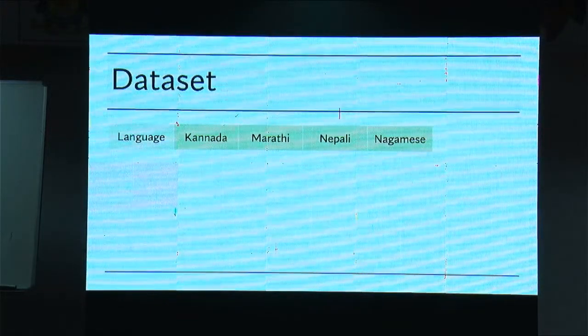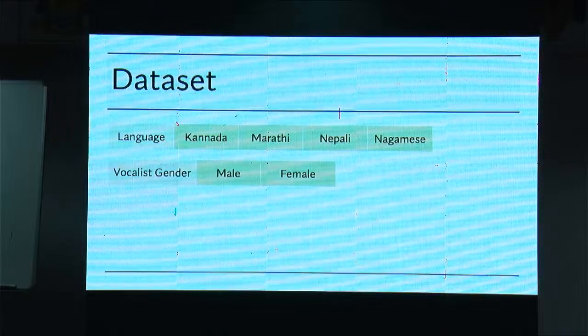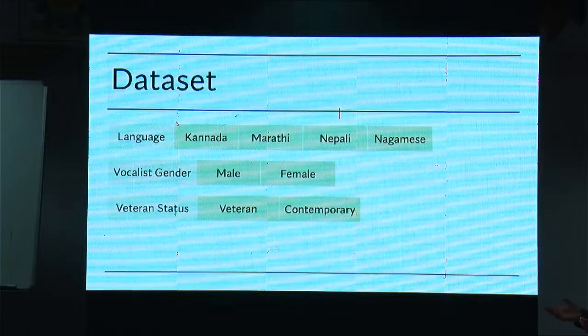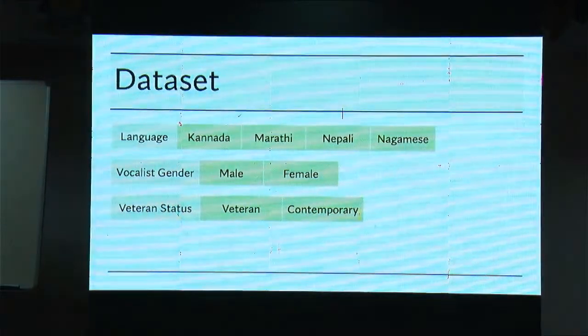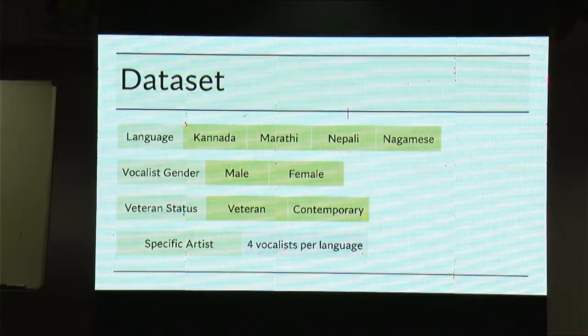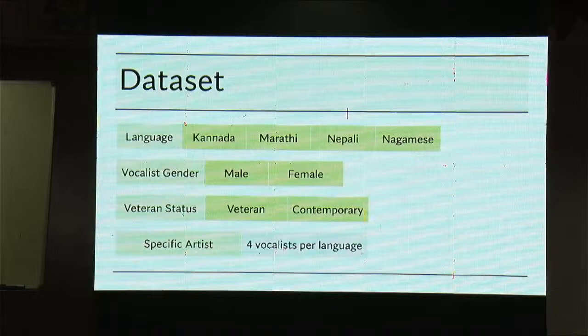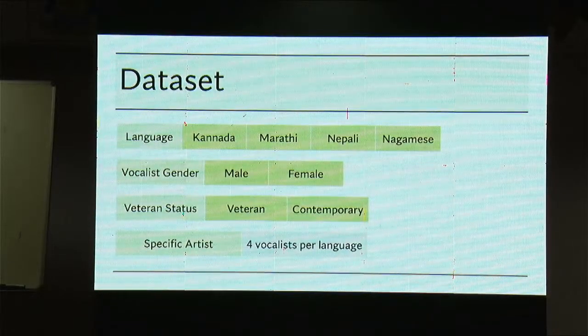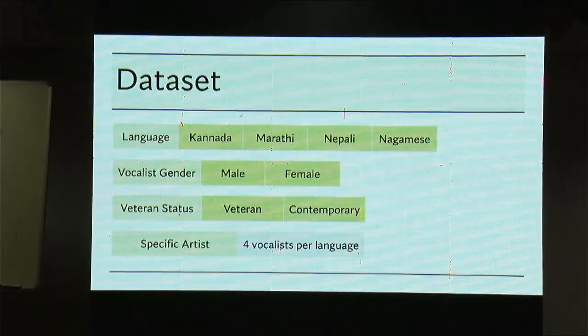It's a set of 20 songs in different languages: Kannada, Marathi, Nepali and Nagamese. There are 4 vocalists, 2 of them are male and 2 of them are female, and in terms of veteran status, 2 of them are veteran and 2 of them are contemporary, which is modern. And each language has 4 vocalists.